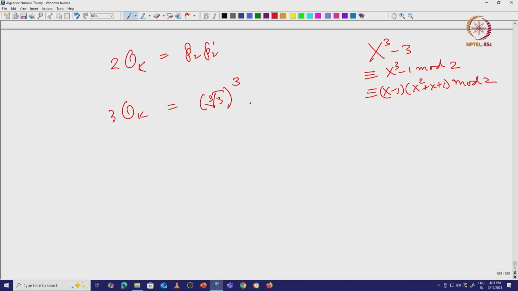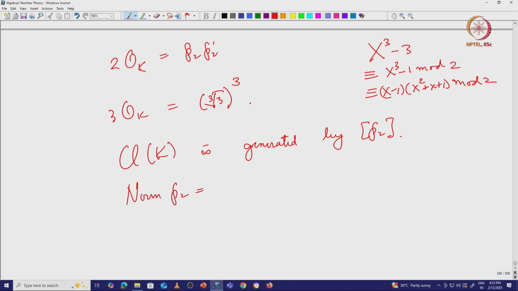All right. So, the class group of K is generated by the class of P2. The class of P3 is of course trivial, and so I want to know whether P2 is principal. So, what is the norm of P2? The norm of P2 is 2, the ideal generated by 2, and the norm of P2 prime is the ideal generated by 4.